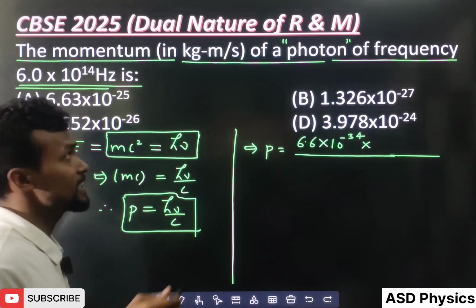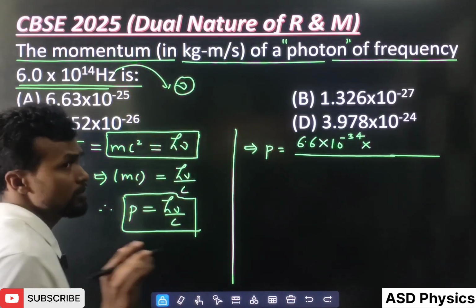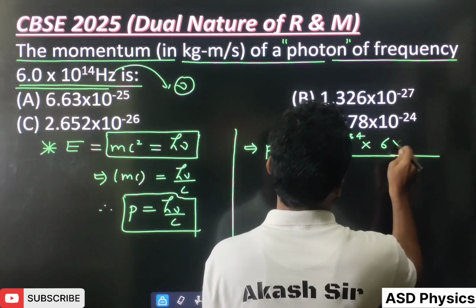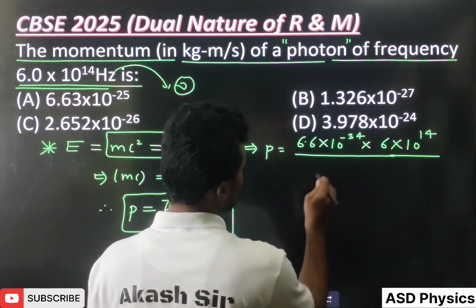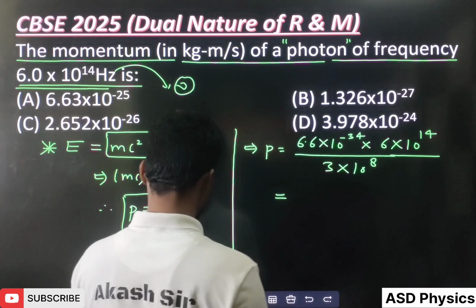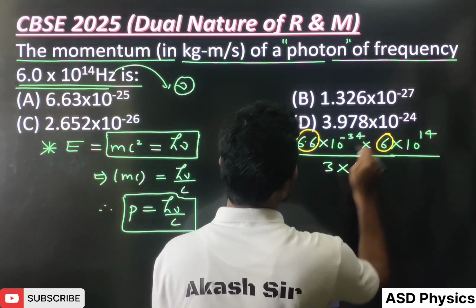Whenever something travels with the speed of light, we use ν for frequency, not f. Speed of light means ν. What is given here? 6 × 10¹⁴ divided by 3 × 10⁸. All the numbers we collect together, 6.6, 6 and 3.